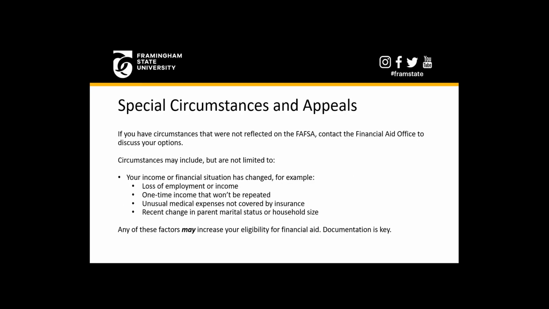So any of these factors may increase your eligibility for financial aid, but if any adjustments are going to be made, documentation is very important. So you definitely want to keep that in mind.